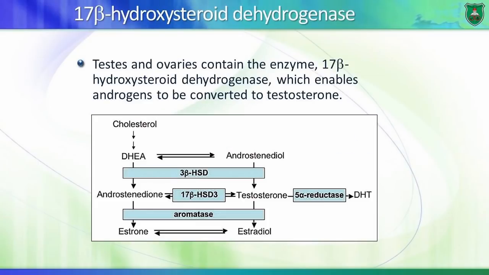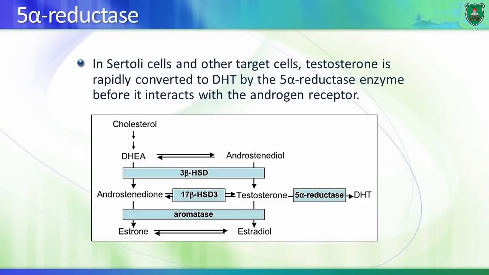Another enzyme is the 17-beta hydroxysteroid dehydrogenase. This is an important enzyme because it converts progesterone into testosterone. The 5-alpha reductase is an important enzyme for forming the potent androgen, converting testosterone to dihydrotestosterone.